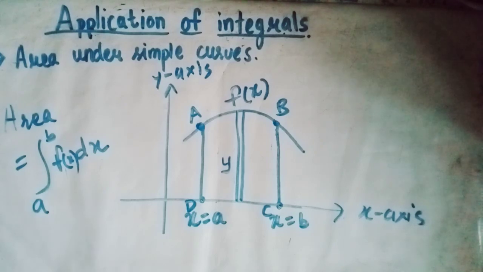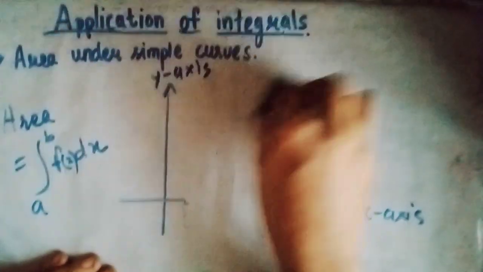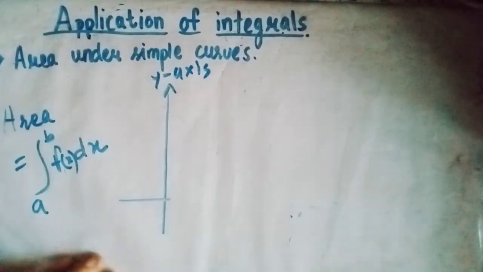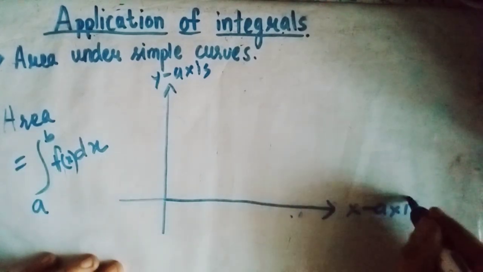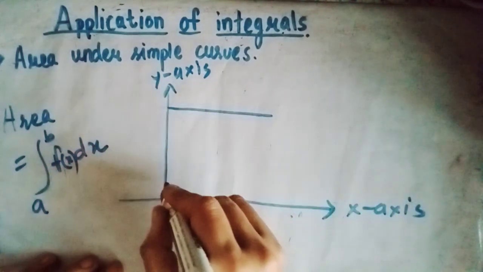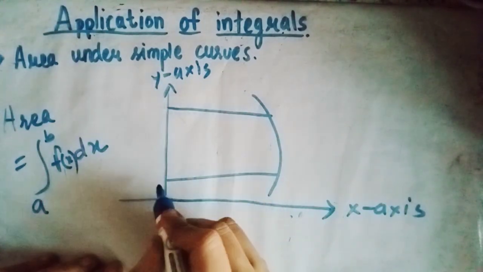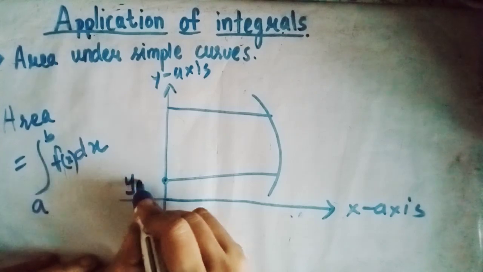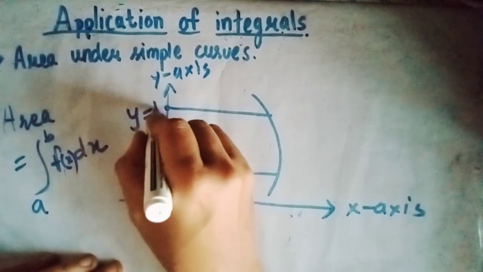Now suppose the curve is on the y-axis like this. Then this point is y equal to a and this is y equal to b.